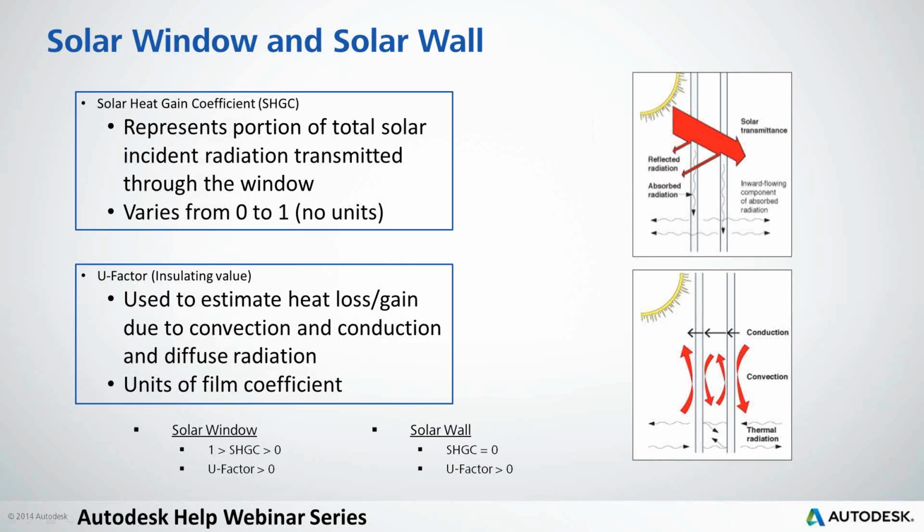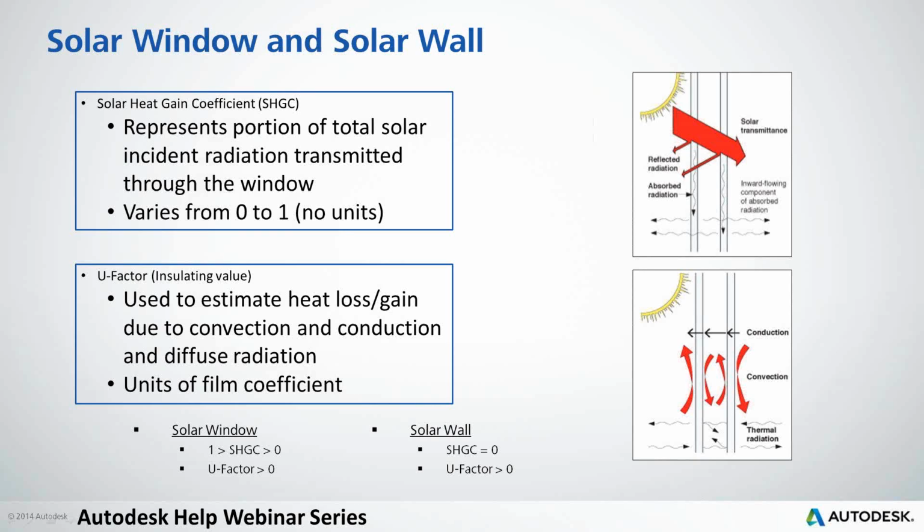So the solar heat gain coefficient is similar to a transmissivity. It's again between 0 and 1, and it tells CFD how much of the radiative energy can pass through the transparent media. And the U factor, Todd's going to go into this in a bit more detail in a second, but that really is a kind of industry standard value, often acquired through test, and it can account for multi-layered walls, and it also accounts for all three different modes of heat transportation, so conduction, convection, and radiation.